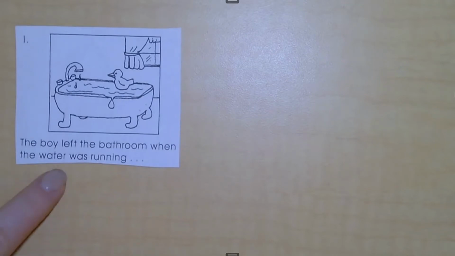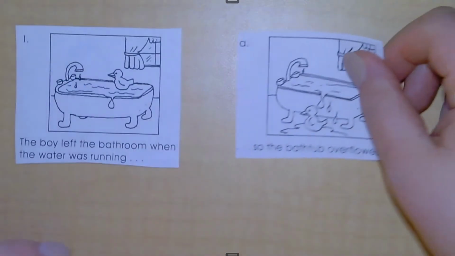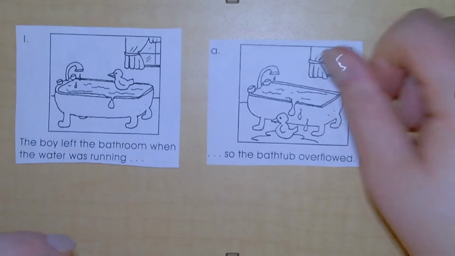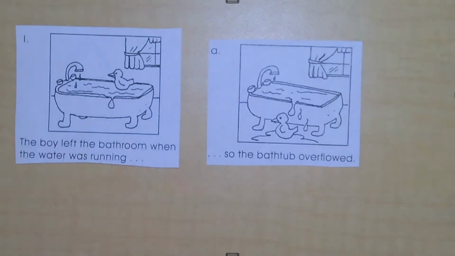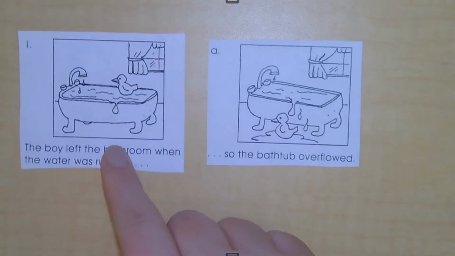So this is your cause: the boy left the bathroom when the water was running. And the effect, which is what happens, is the bathtub overflowed. So here you have your cause, which happened first, and then you have your effect, which happened because of this.